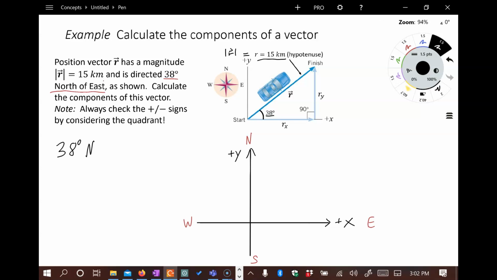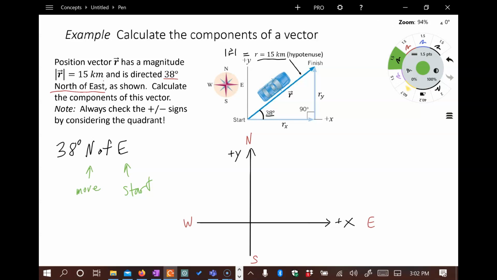So if we go ahead and write this direction, 38 degrees, a short way of writing that is north of east, you actually read this backwards. Start at the east direction and then move 38 degrees towards north.